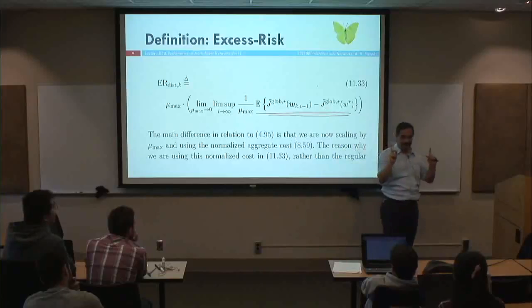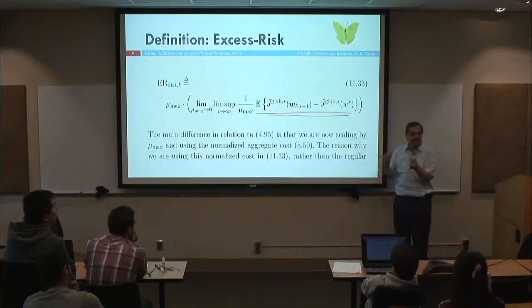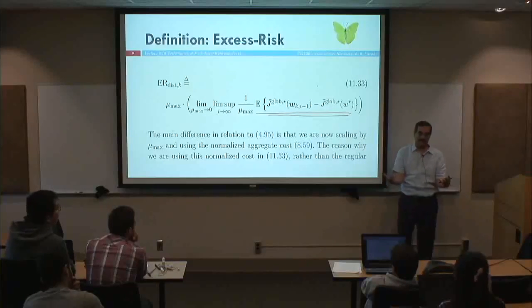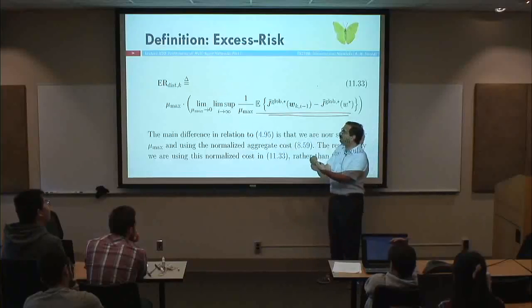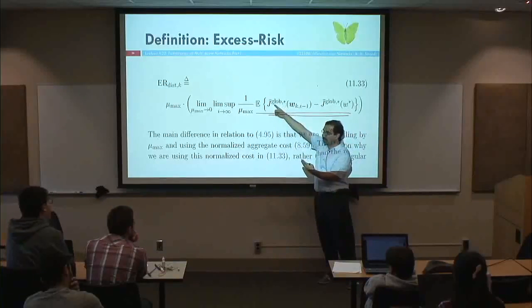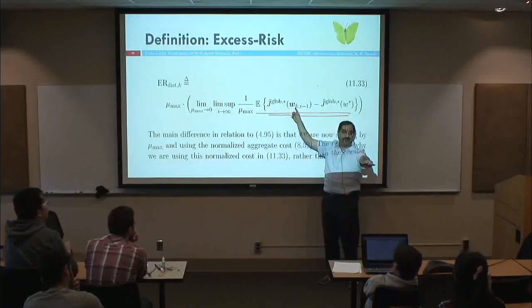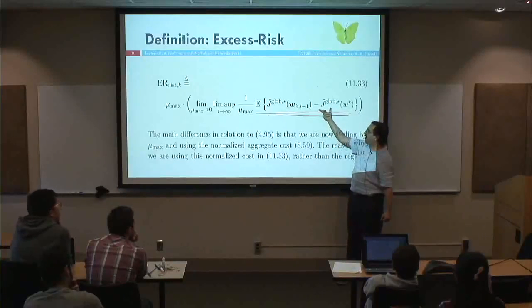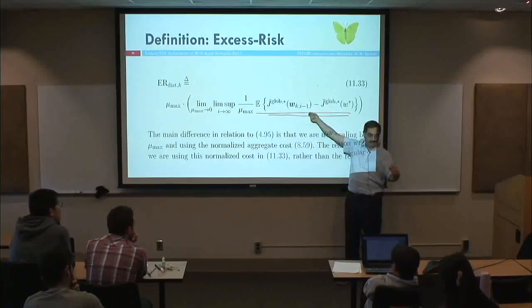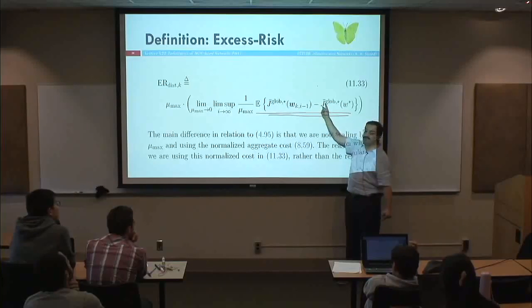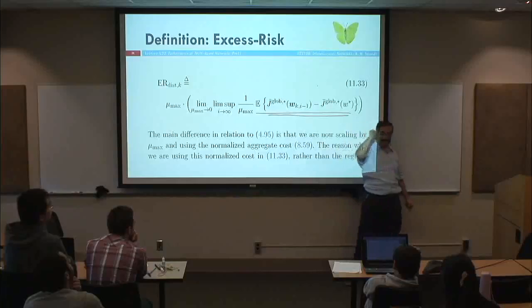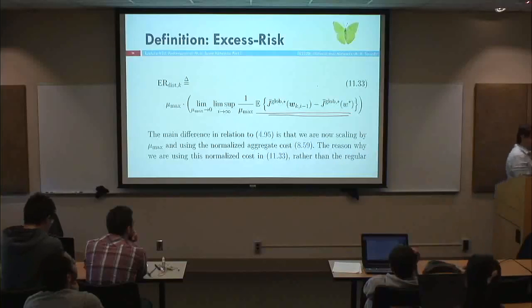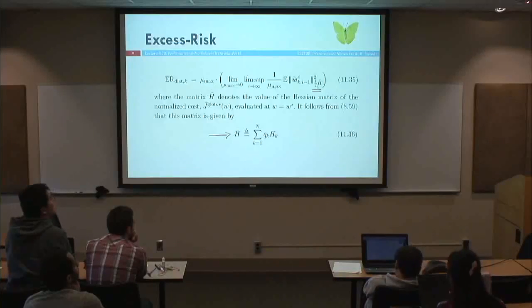This is different, because this omega star is the minimum for the global cost. So what I'm measuring is how close the global cost evaluated at the individual estimate is getting to that, you see? So now when I express this as a weighted norm, it is the Hessian of this global cost that will come up. You understand? Okay? Anyway, these are slight differences in the definition, but you get the idea.